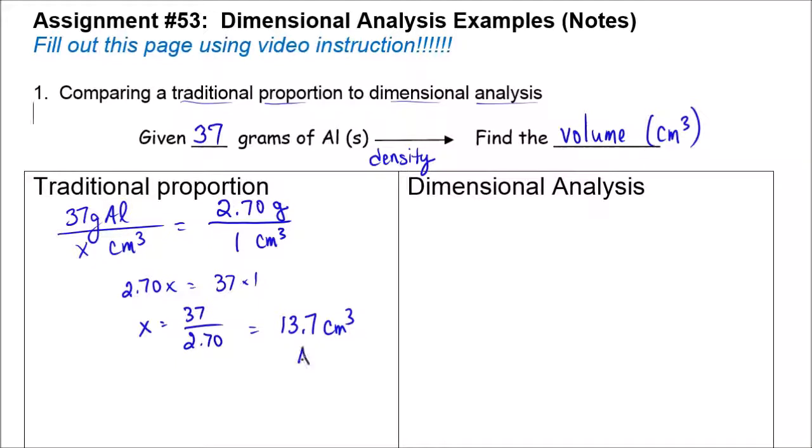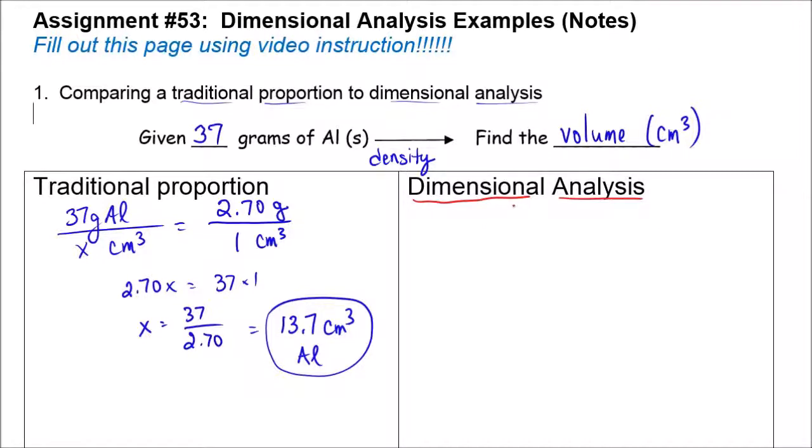All right, so this is what your answer should look like. This is what your algebra should look like. And there's your answer.